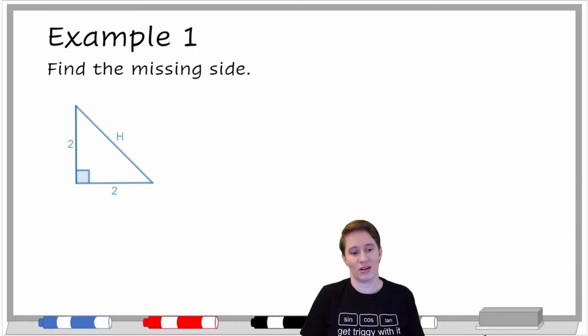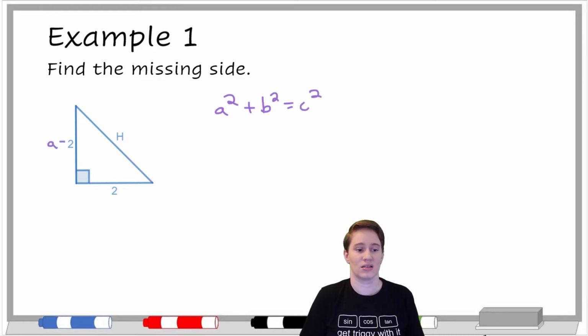If I'm filling in A squared plus B squared equals C squared, then my sides A and B would both be 2, and H would be C. This is basically a formula, so 2 squared plus 2 squared equals H squared.